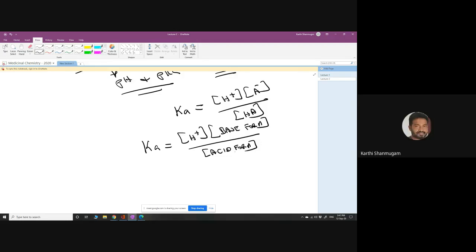I'm looking for a response from everyone because this is the after-meal session. We can rewrite, right? Okay, that's fine. Or can we write this as Ka is equal to H plus ion concentration times base form over acid form?